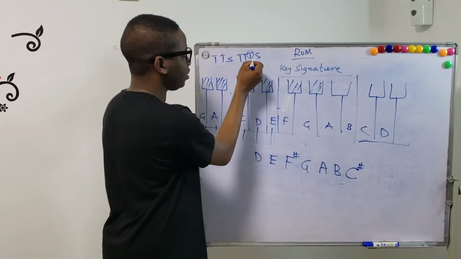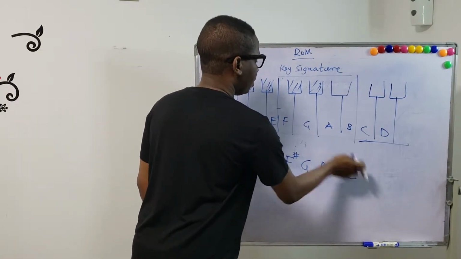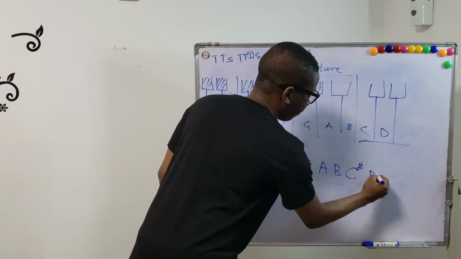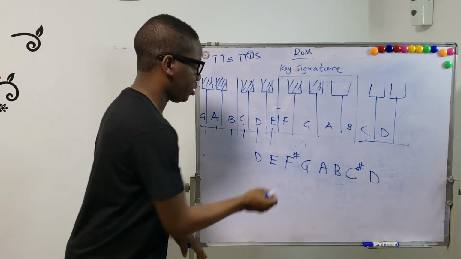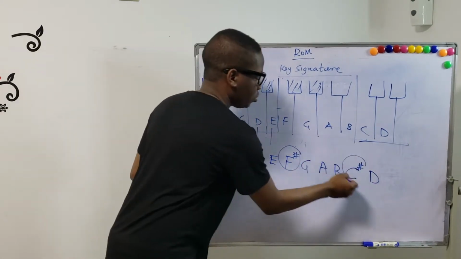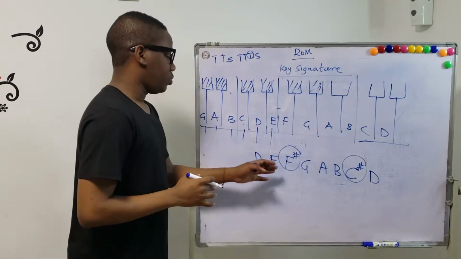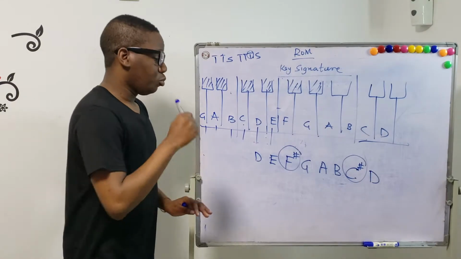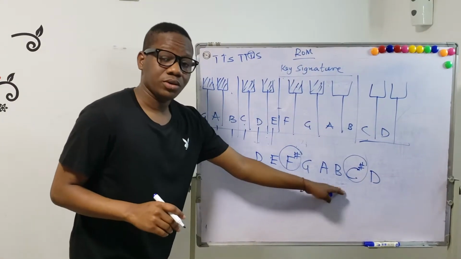To get a Ti, we need a tone. Then from Ti to Do is a semitone distance, and of course we have our D again. Now let's look at how many notes are sharpened here. 1, 2. That's to show you that 2 notes are sharpened in the key of D, which indicates that D major has 2 sharps.